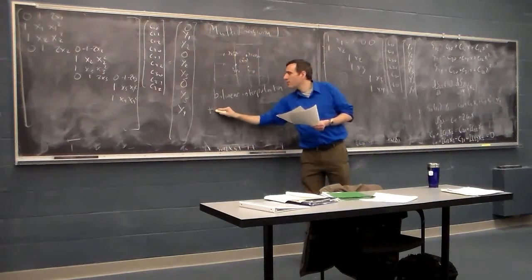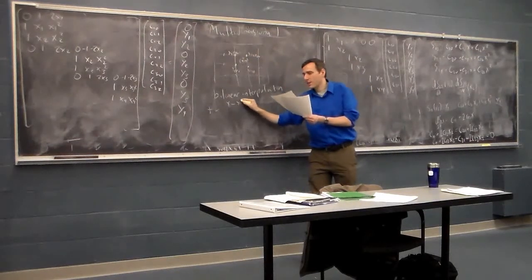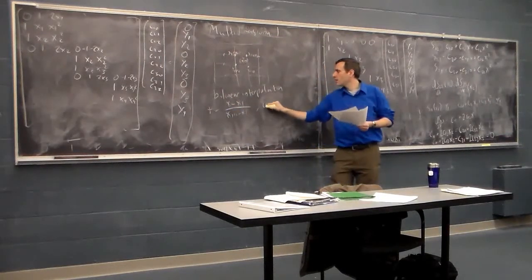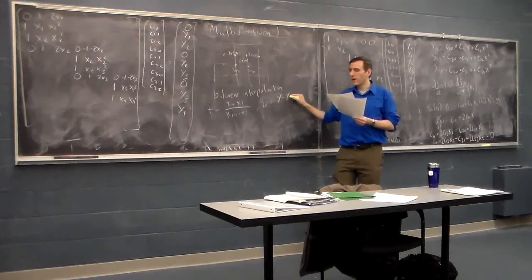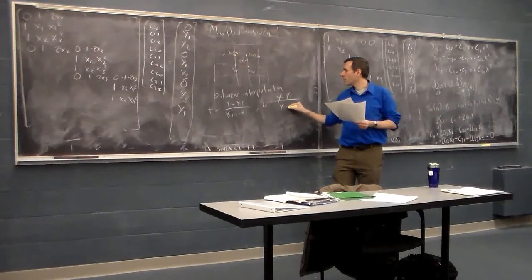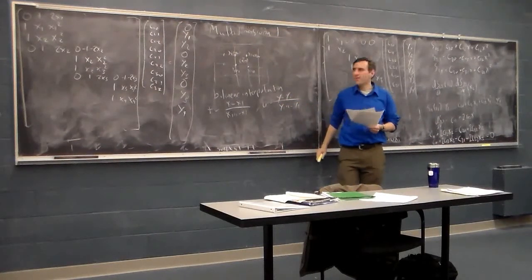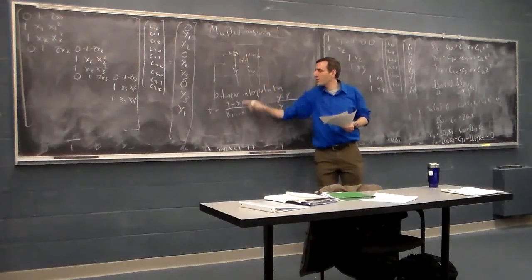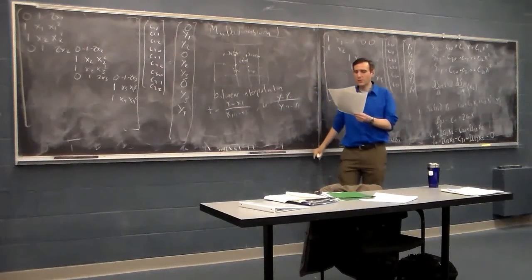We could say that there's some t equals (x minus xi) over (xi+1 minus xi), u equals (y minus yj) over (yj+1 minus yj), and then basically come up with an interpolant where we do a weighted average of these 4 points based on these t and u values.